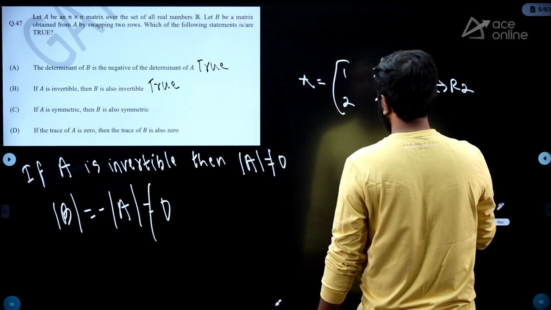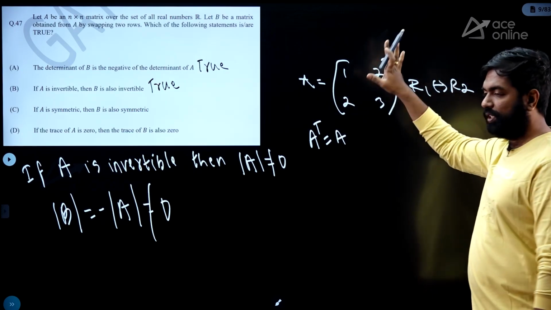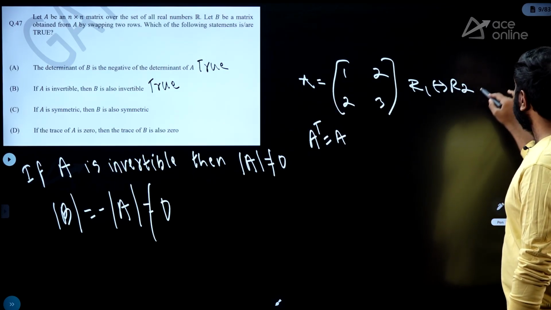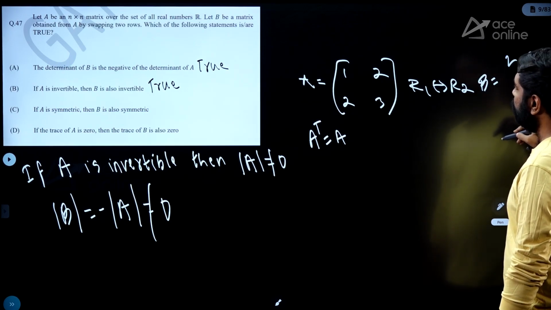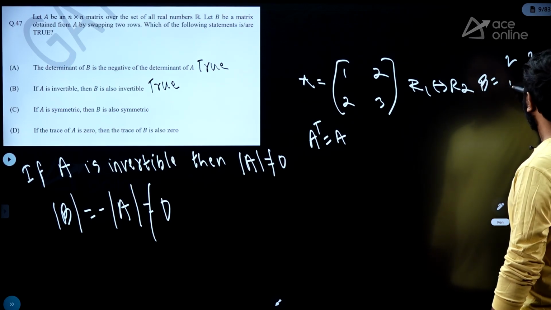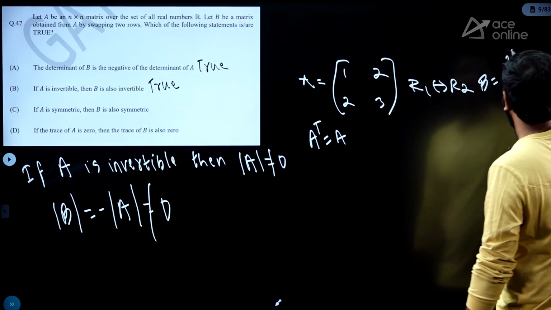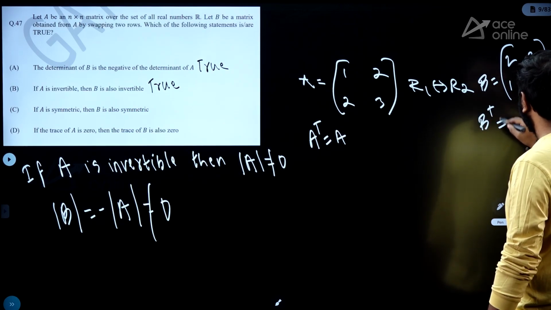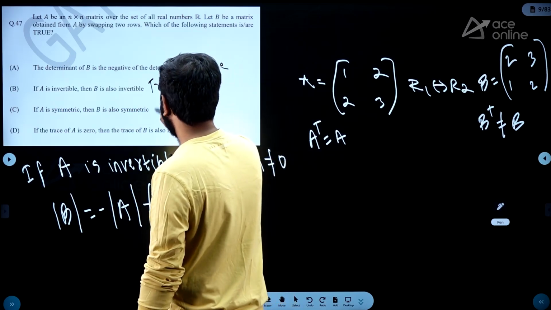Now let's swap the rows and create a new matrix: 2, 3, and then 1, 2. Is B transpose the same as B? B transpose is not B. So this is not true. This is false.